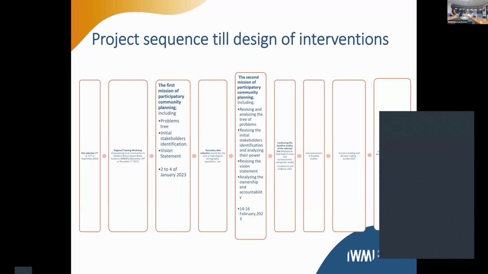And also conducting the baseline studies of the selected site, biophysical, hydrological study, and socioeconomic and gender study, finalized at the end of March 2023, followed by the gap assessment in baseline studies, also scenario building and decision making in October 2023.